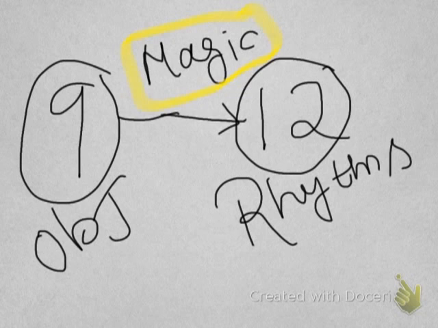These 12 rhythms have a direct relationship with the movement of 9 objects in the sky: the 7 planets and 2 shadows. So these 9 objects have direct control over these 12 rhythms, and these 12 rhythms have direct control over the earth. So ultimately the 9 objects are ruling everything on the earth.